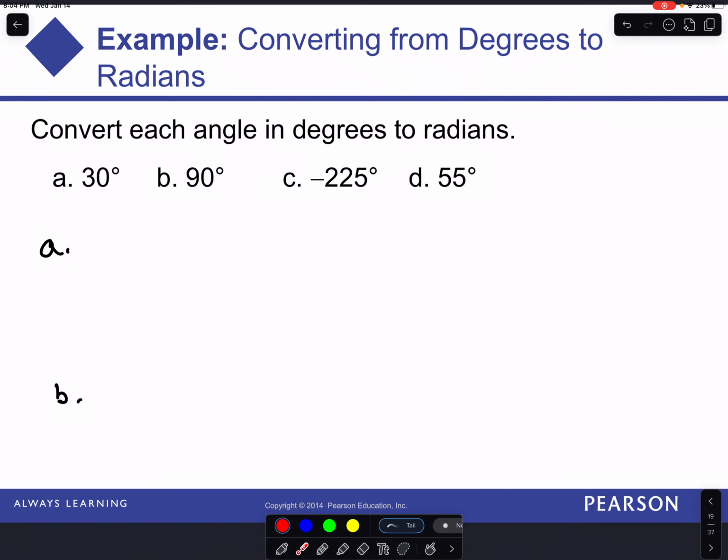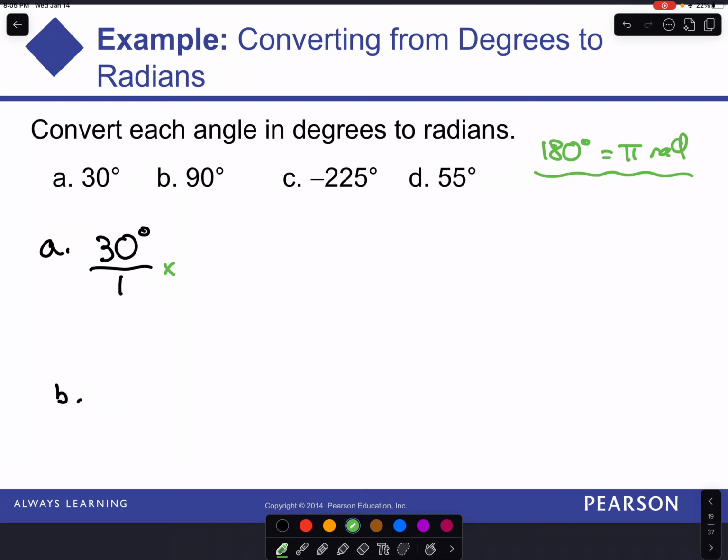Okay. So for instance here, we're asked to convert each angle in degrees to radians. We're given 30 degrees. I'm going to put this over 1. Now if we want to go to radians, just a moment ago we said 180 degrees corresponds to pi radians. Because we have degrees on top, degrees need to be on bottom.